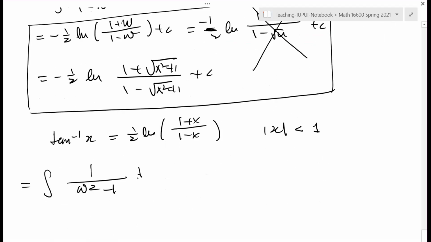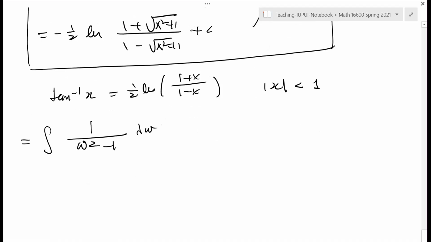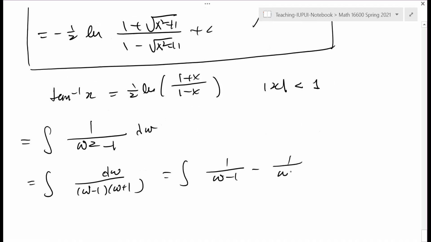However, this leads to the next topic. What we can do is separate them, and then you will get (w minus 1 minus w plus 1) divided by 2. Now, this technique we're going to learn in the next class.